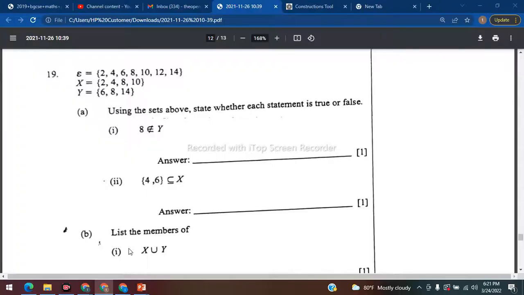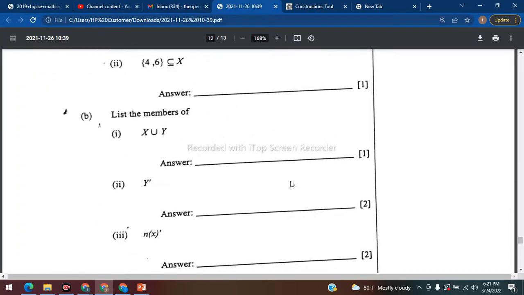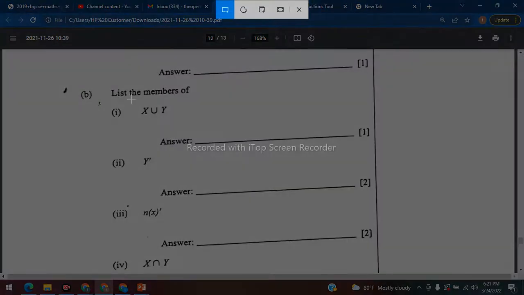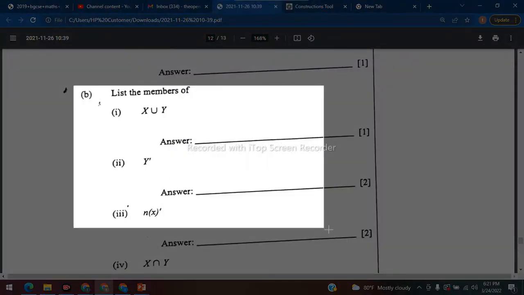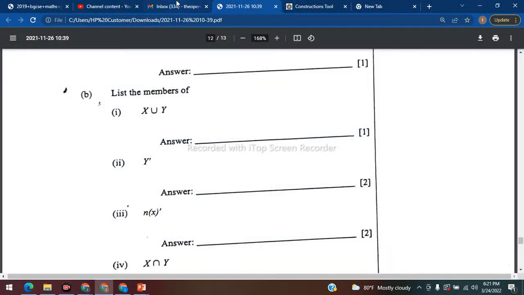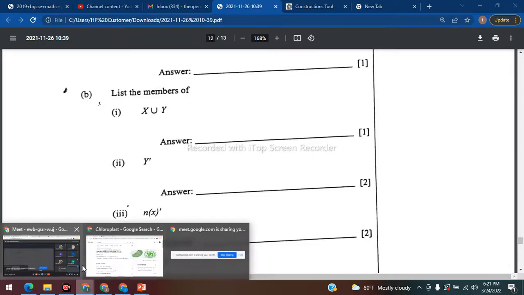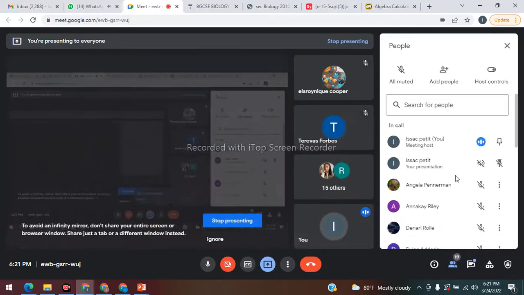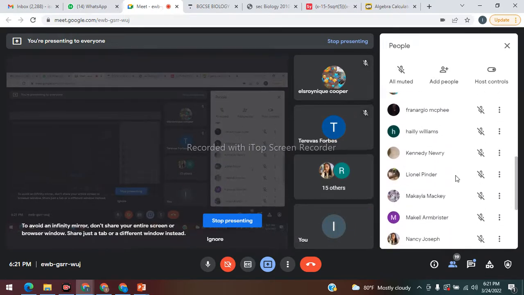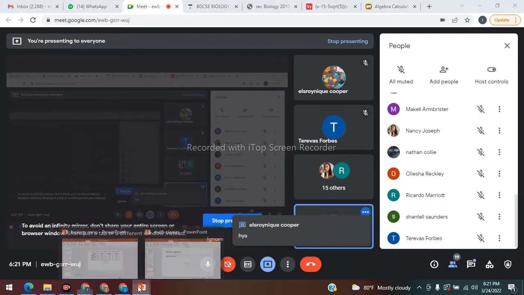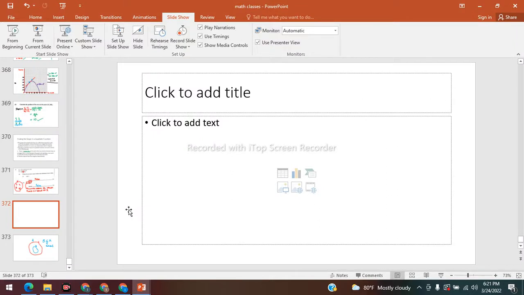Remember, if you're just joining us, please place here or present in the chat box to indicate that you are here and accounted for. Okay, we got it. All right.